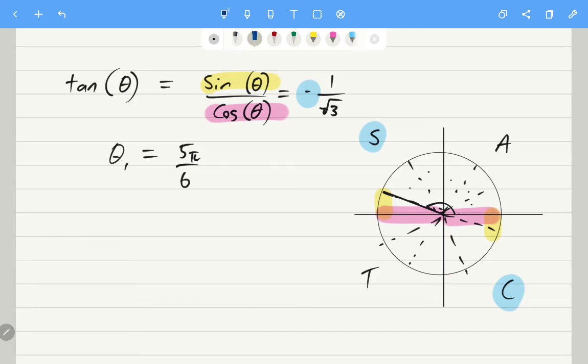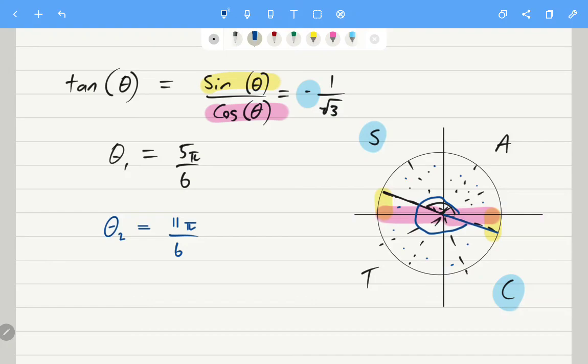The second angle is going to be 1, 2, 3, 4, 5, 6, 7, 8, 9, 10, 11 pi on 6. And there are our two solutions within 0 and 2 pi.